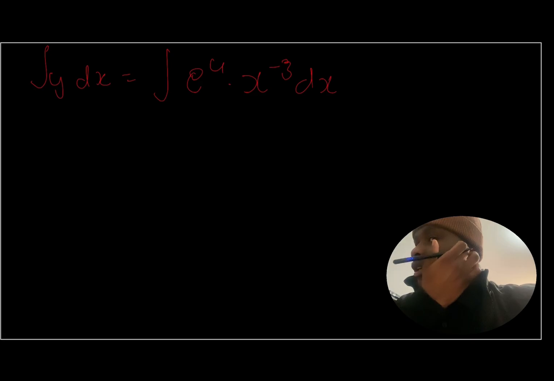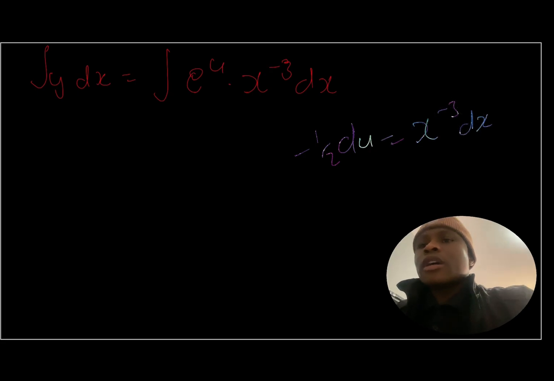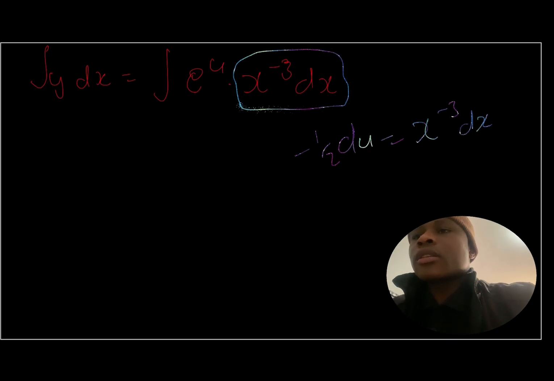Remember we had negative half du is equal to x cubed dx, and we see it here. Therefore, we're going to substitute it by its identical, which is negative half du.